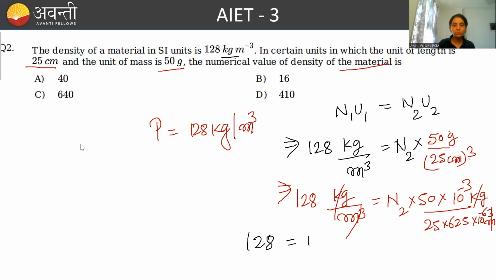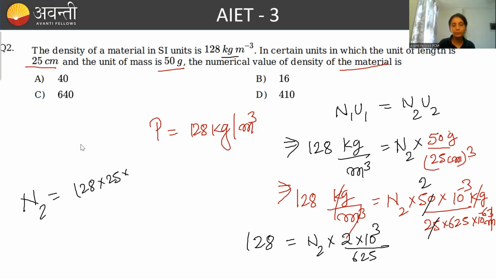So 128 equals N2 into, sorry, 25 goes 2 times, and this is 2 into 10 to the power 3 divided by 625. Again N2 will be equal to 128 into 25 into 25, that's 625, divided by 2 into 1000.